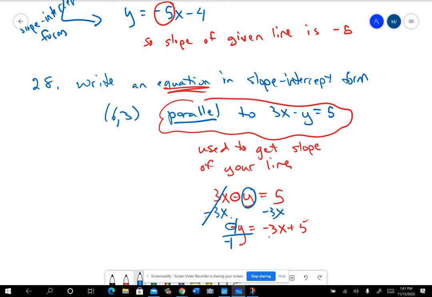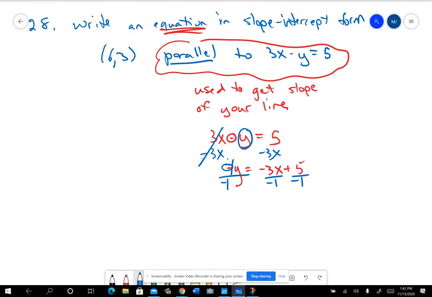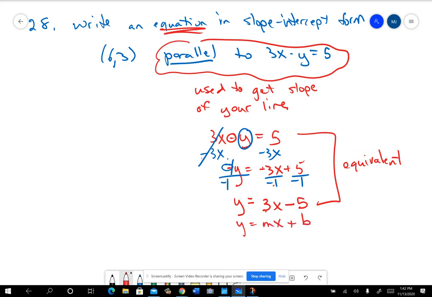So now you'll divide by negative 1. You might as well distribute it so it goes underneath all the parts. And you wind up with y equals positive 3x minus 5, because negative divided by negative is positive. So these are equivalent, but this one is in y equals mx plus b form.